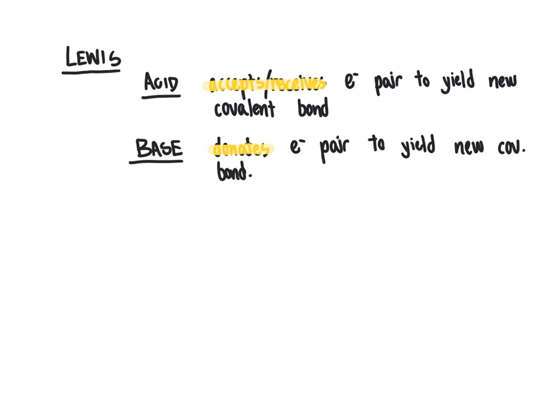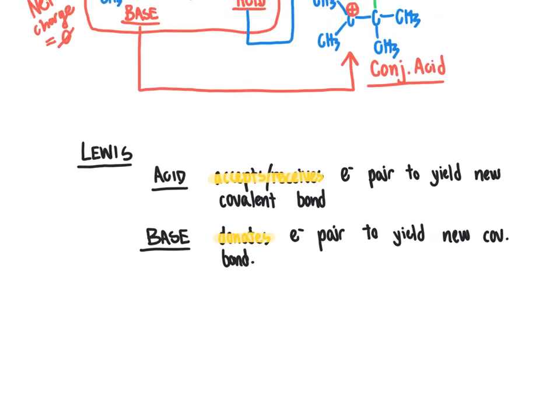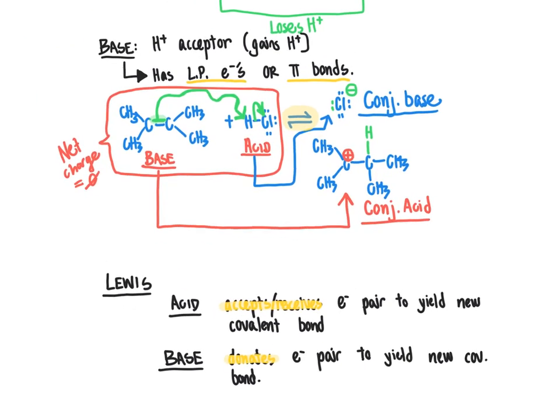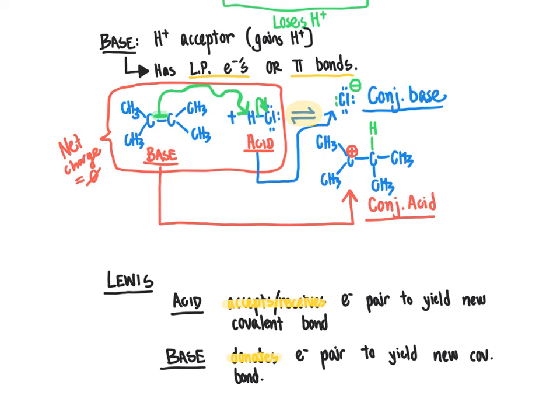And if we go back to our example above, up here to our Bronsted-Lowry definition of acid and base, we described our base on the left as being our alkene, and the acid as being the HCl. These molecules would also fit the Lewis acid, Lewis base definition, because certainly in our acid, HCl, that proton is receiving an electron pair.